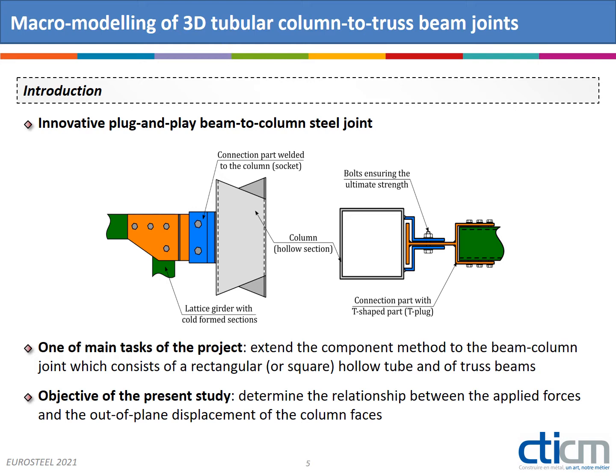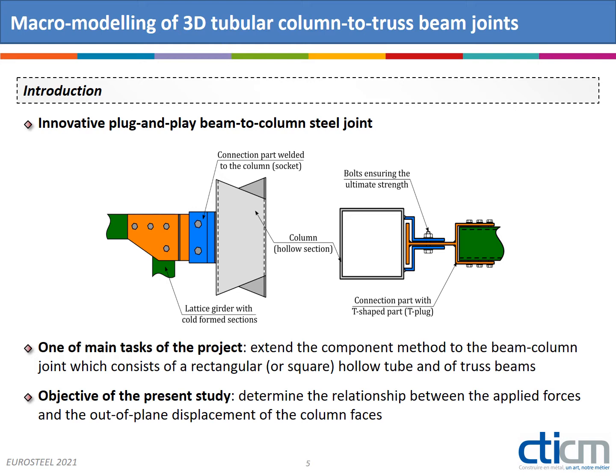The orange part, called T part, is bolted to the truss beam, while the blue part, called socket, is welded to the column face. And finally, bolts are implemented between the two elements of the joint to ensure the ultimate strength of the system.